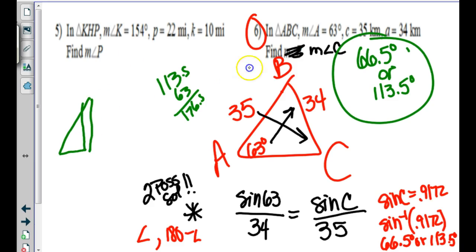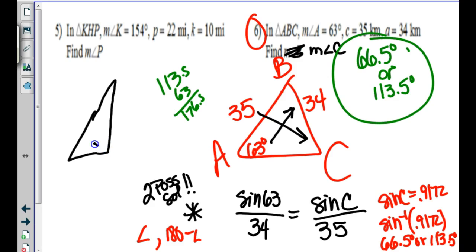I'm not doing a good job. Okay, one more try, and then give up. So this would be the 113. This would be 63, and then it would make a really tiny little angle up here. But these two sides would still be 34 and 35. Do you see how they wouldn't be much different from each other? Okay. It is possible. That's why we don't know.